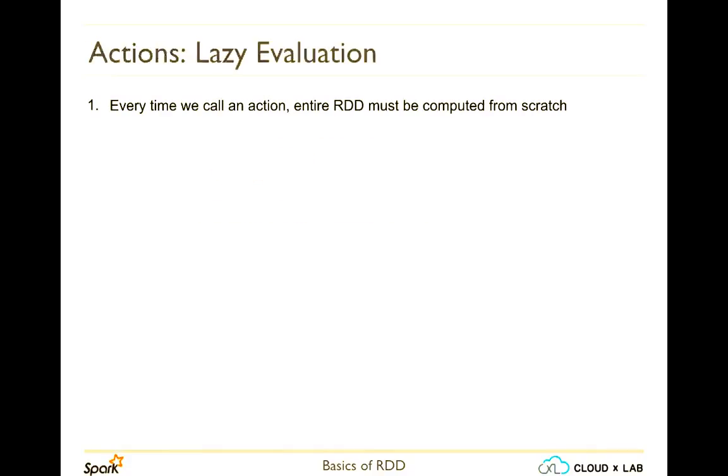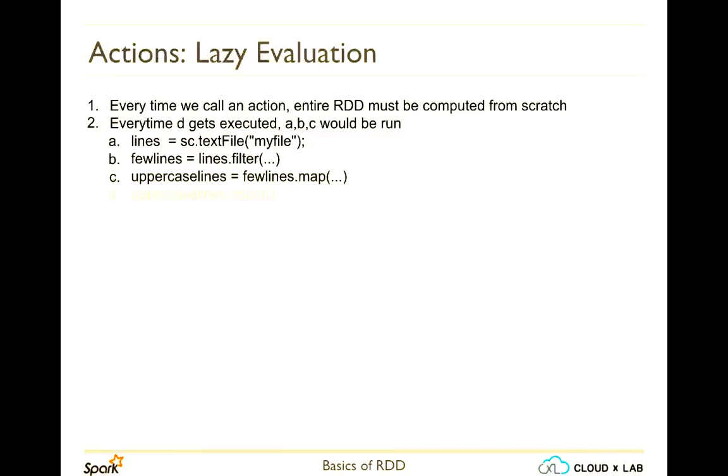Okay. So every time we call an action, the entire RDD must be computed from scratch. Every time in the below statement, every time the statement D is executed, A, B, and C would run. Now here, take a look at this one. Here you can see this code is in Python. The reason we have kept it is that it has fewer keywords, so it looks neater. So here you can see that there's lines. Few lines is after lines.filter.